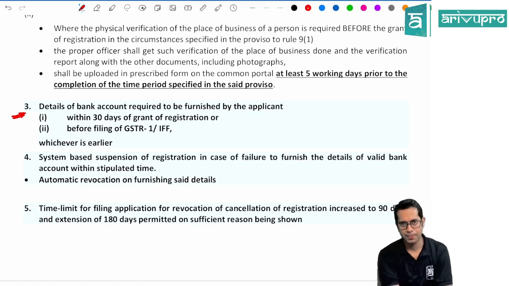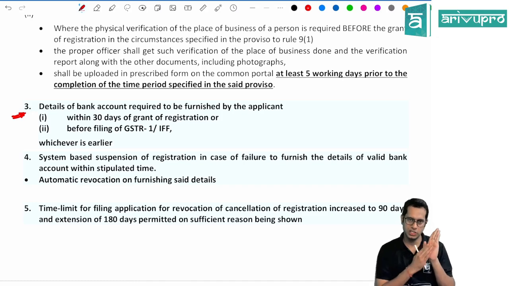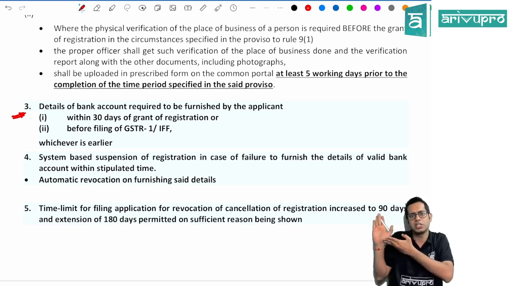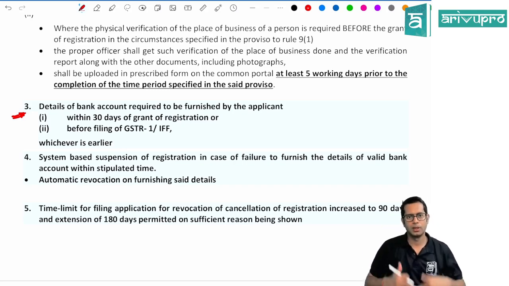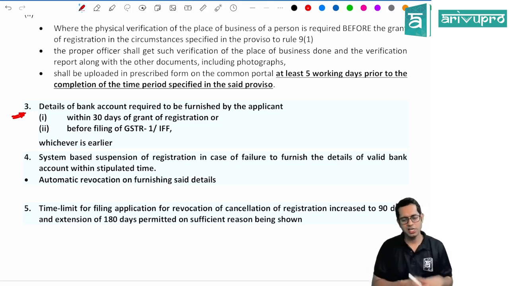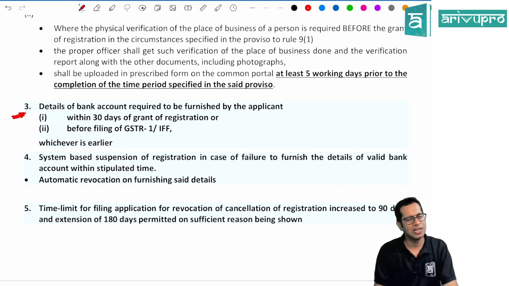On one side I cannot open a bank account because I don't have a registration certificate. Similarly, I cannot take registration under GST law because I don't have my bank account. So I was neither getting GST registration nor getting a bank account opened. So what did lawmakers do?